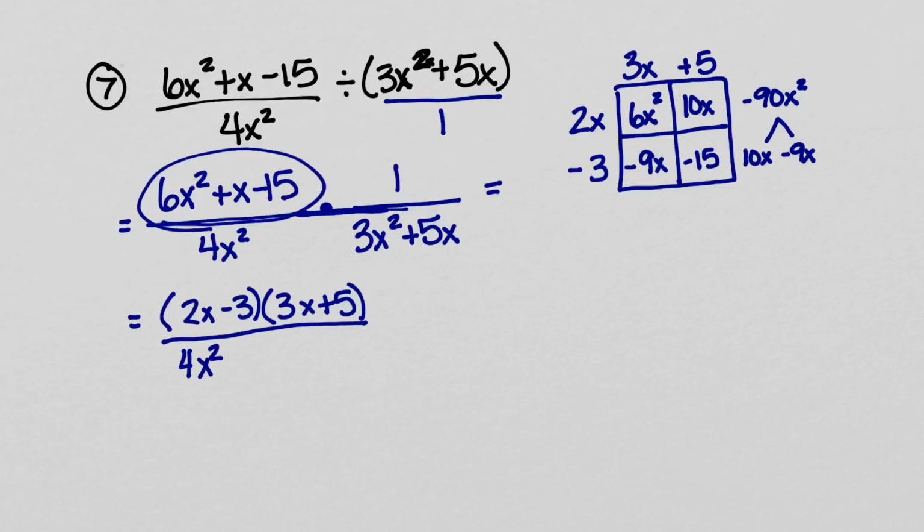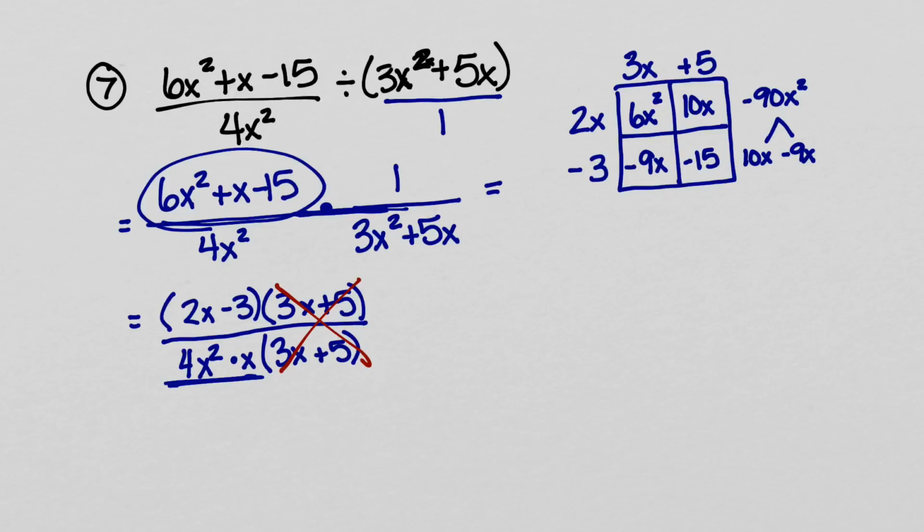And then I have 3x squared plus 5x. I can take an x out of both of those, so I'm going to take an x out, and then I'm left with 3x plus 5. This simplifies a little bit more, but I'll do that as the very last step, because right now I can cross off some things. Really, the only thing I can cross off is this.